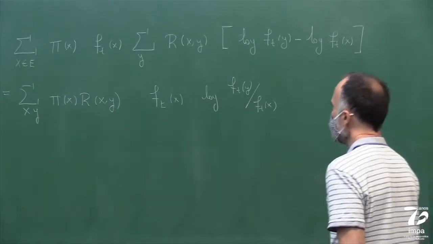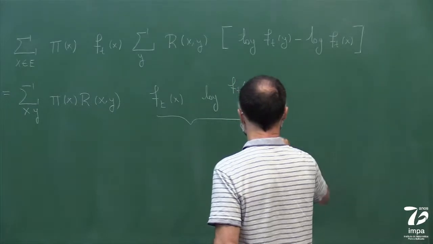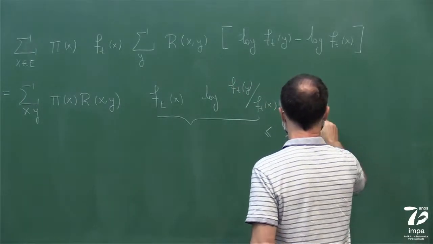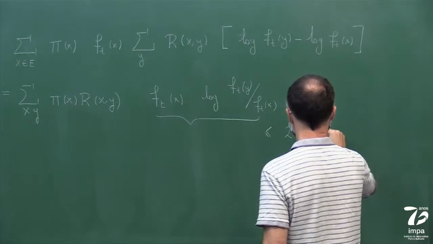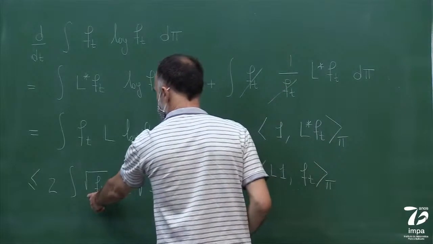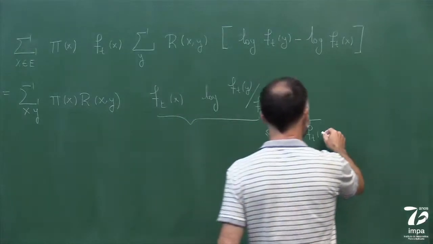Okay, and what I want to show is that this expression is bounded by 2 times square root of ft(x). So if I compute the same expression, I will have ft(x) and the difference between square root of ft.